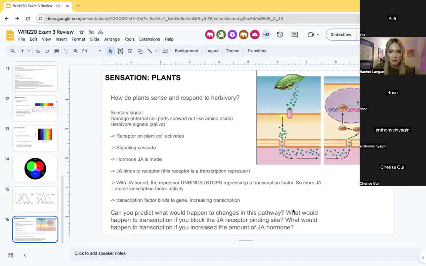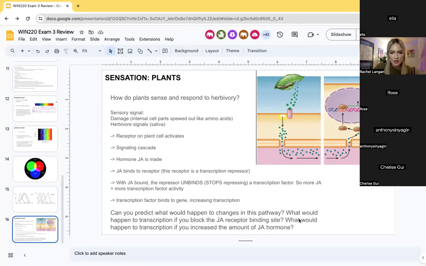So for example, what would happen to transcription if you block the JA receptor binding site? So if this little dot is JA, and when it binds, it removes the repressor. If it can't bind, then the repressor won't be removed. Repressor stays on, transcription will not increase.